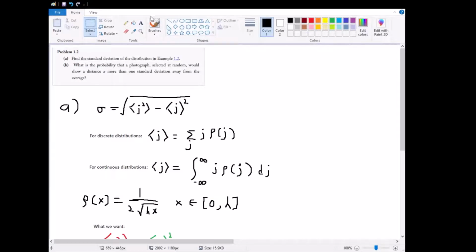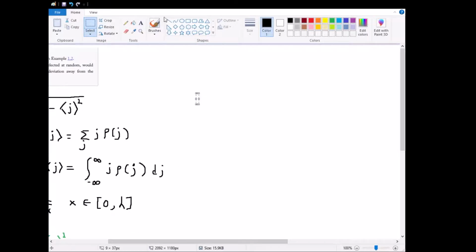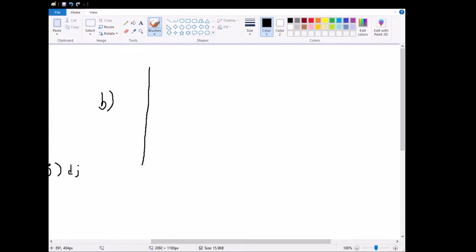Okay, so now let's work on part B. What is the probability that a photograph selected at random would show a distance x more than one standard deviation away from the average? To give a visual on this, I will start by drawing out the probability distribution that we defined in example 1.2, and we said that the resulting distribution looks something like this, where there's a very high probability of finding the position of our rock to be higher up on the cliff, and a gradually exponentially lowering probability of finding it farther out.